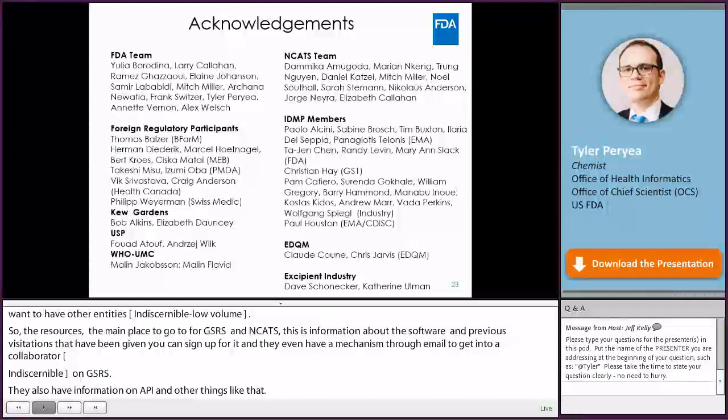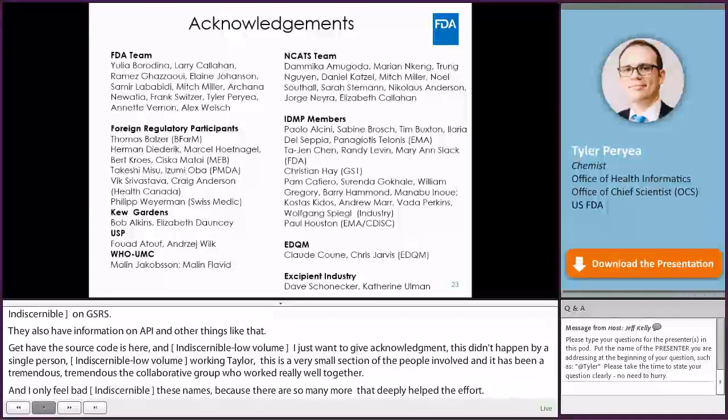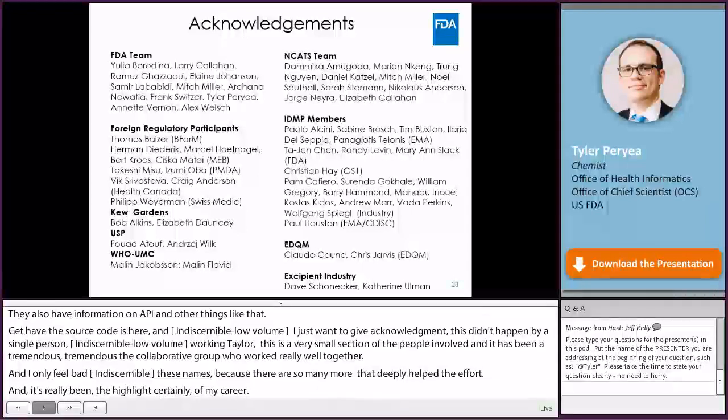I only feel bad that I'm only showing these names because there are so many more that have deeply helped the effort, and it's really been the highlight of my career interacting with all these people trying to solve these kinds of problems.